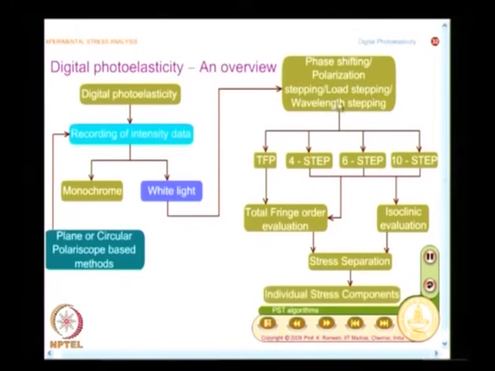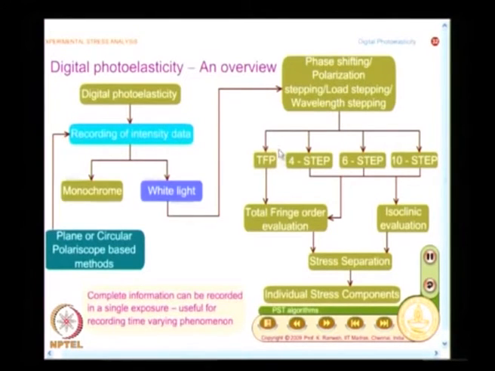And these can be further classified; we have looked already at what 3 fringe photoelasticity is. And when I look at any of these, phase shifting or polarization stepping, as we have already noted, each researcher came up with a particular optical arrangement and how many steps he has to use. So, you have 4 step methods, 6 step methods, and also 10 step methods.